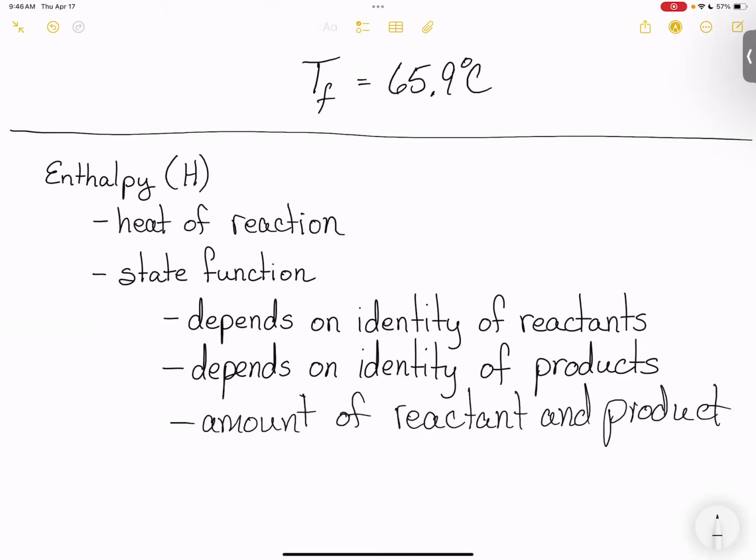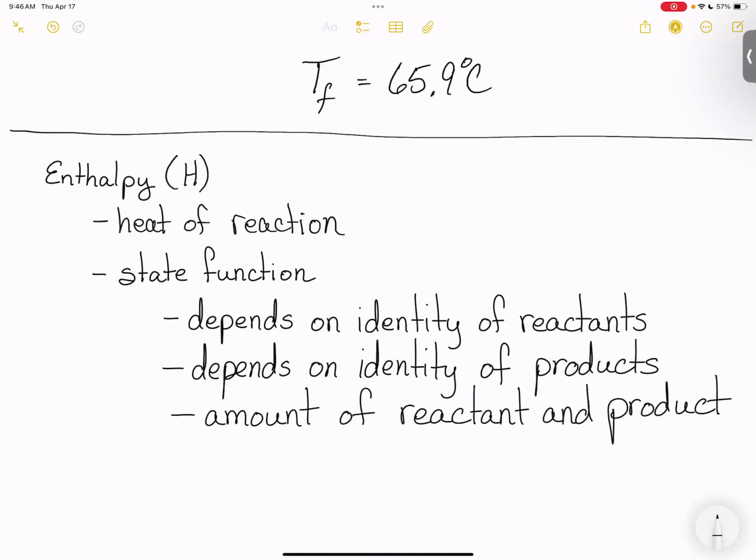It is that last piece. It is related to the amount.